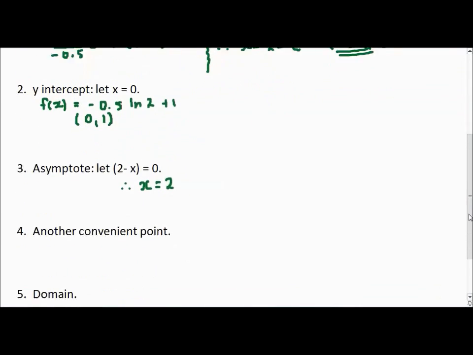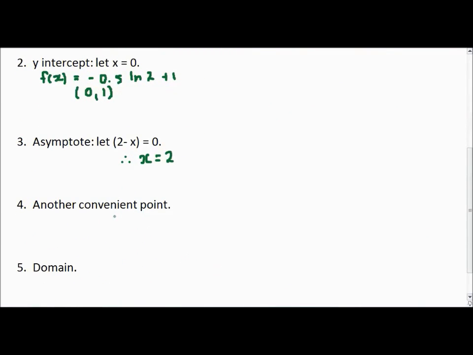So let 2 minus x equal 1, therefore x equals 1.